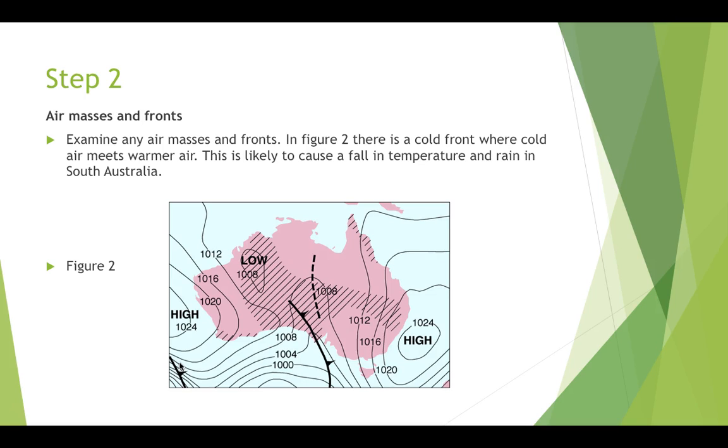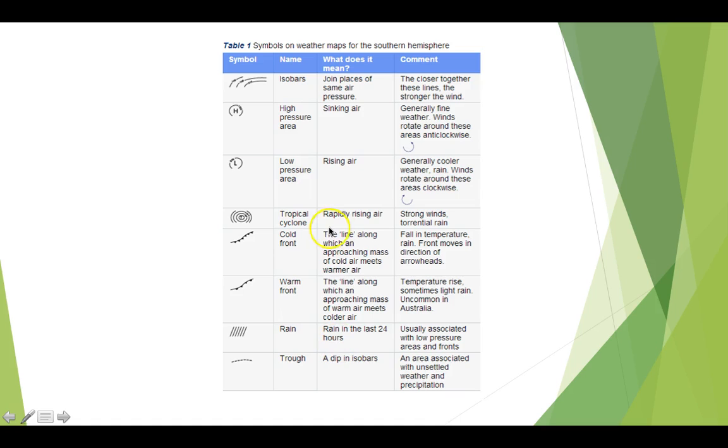Okay, step 2, we want to look for air masses and fronts. Examine any air masses and fronts in figure 2. This is figure 2. There is a cold front where cold air meets warmer air. This is likely to cause a fall in temperature and rain in South Australia. So we can see this cold front coming through, which we are able to identify from our table here.